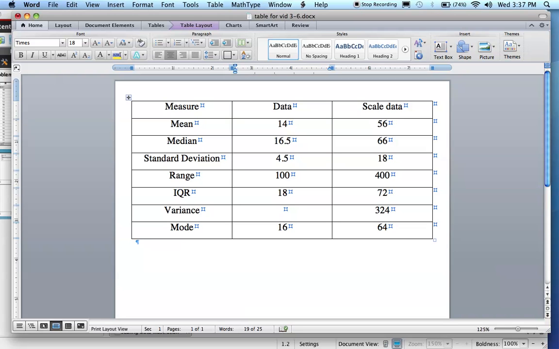If I divide this by 16, I'm going to come out with 20.25. That would be the original variance, and you can test that out. Take the standard deviation and square it, and you should get 20.25. I hope this was helpful.